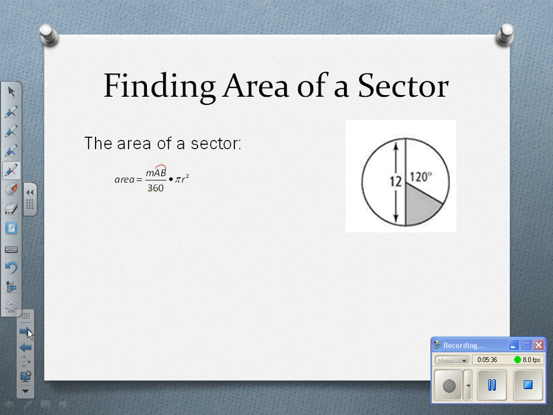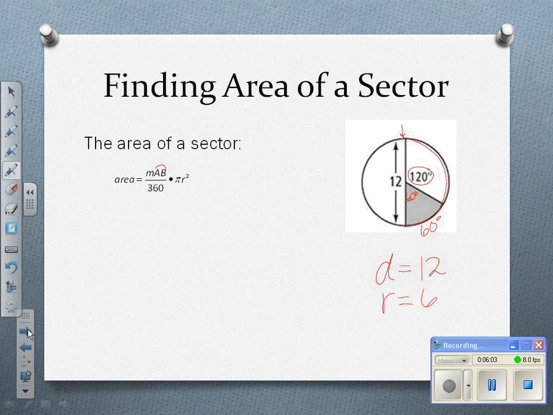Okay, here's my sector. I know that this is going through the center, so that's a semicircle. This whole arc is 180, but I've got 120 taken up. So this angle is 60 degrees. So this arc is 60 degrees. 12 is my diameter. So that means that my radius is 6.